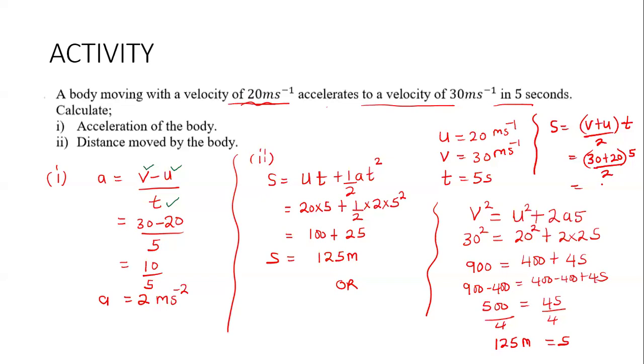So this will give you 50 out of 2 times 5, which is 25 times the 5, which gives us 125. So you can use any that is easy for you, and you have the same answer.